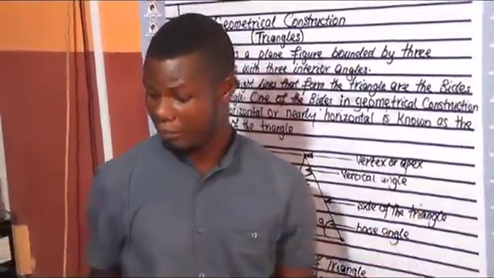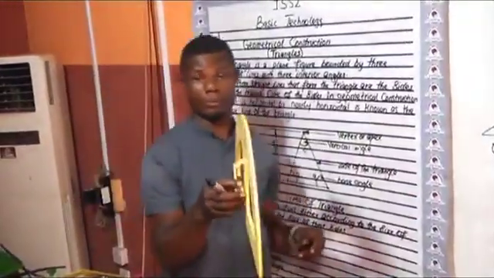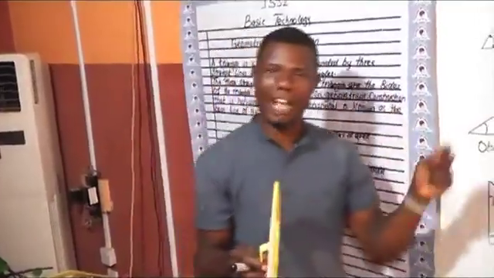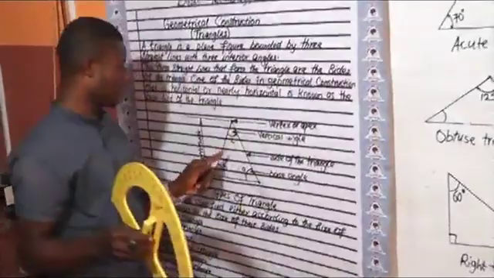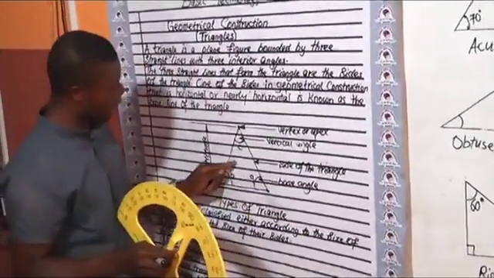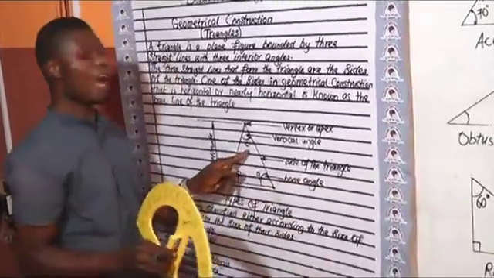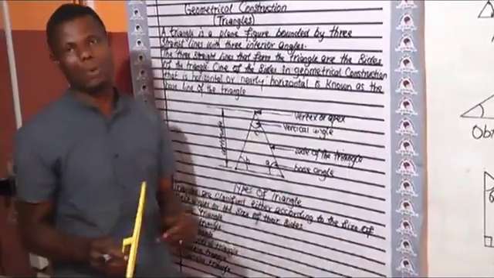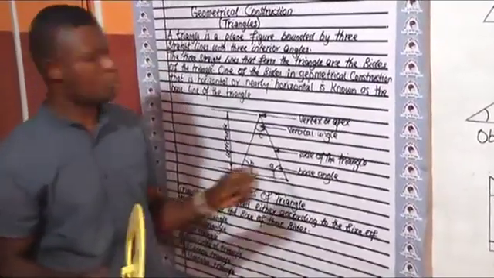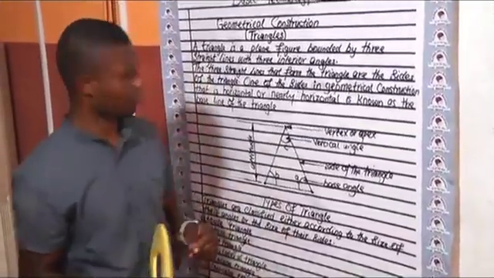When you finish drawing, pick your protractor and measure each of the interior angles, just like we have here. Measure angle A and write it somewhere. Measure angle B, write it somewhere. Measure angle C and write it somewhere. Then at the end, you total the sum of the three angles and you get nothing less than 180 degrees.